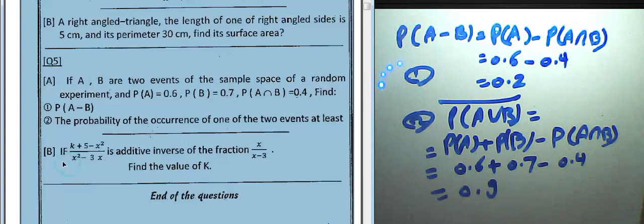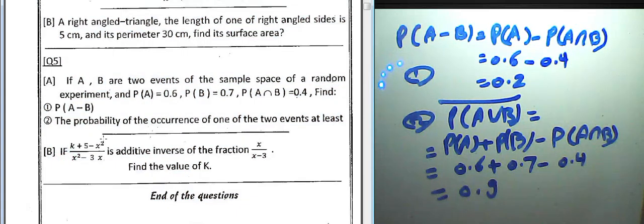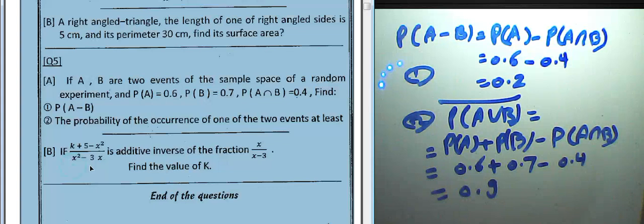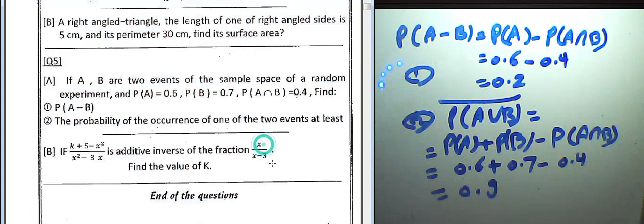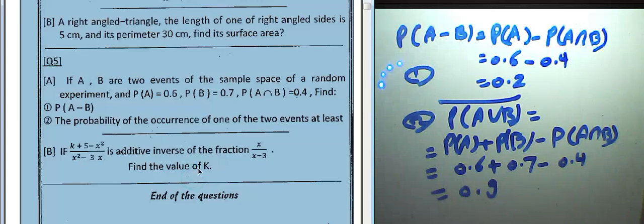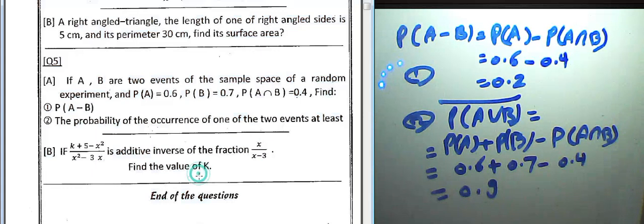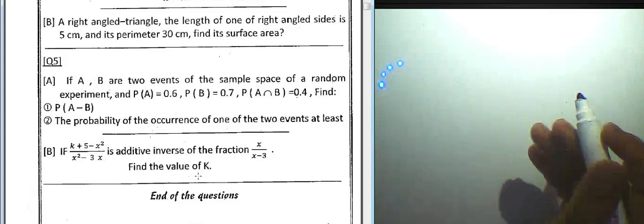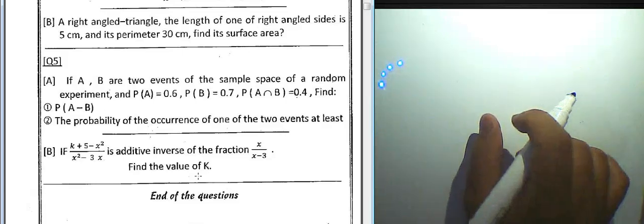Question letter B. If (k plus 5 minus x power 2) over (x power 2 minus 3x) is the additive inverse of the fraction x over x minus 3, then find the value of k. Okay, what does it mean? It is the additive inverse of the function. Additive inverse means this function equals the negative of that function.